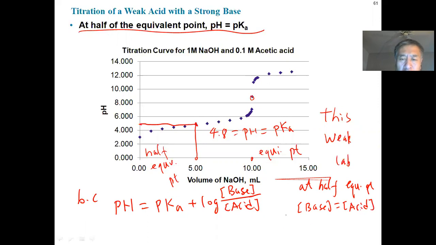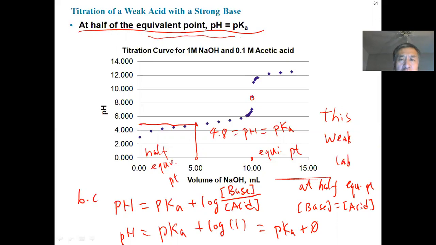So this can be simplified. Your pH will equal pKa plus log of, since base and acid concentrations are the same, 1. Therefore, it becomes pKa plus 0. So that's why at the half equivalence point, pH equals pKa.